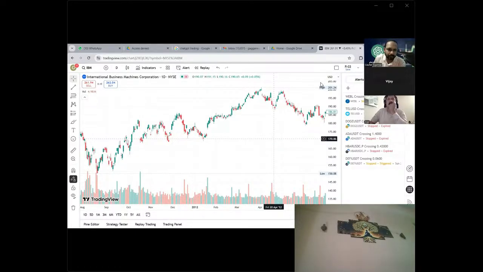It didn't break the neckline. After that it reversed from here, right?